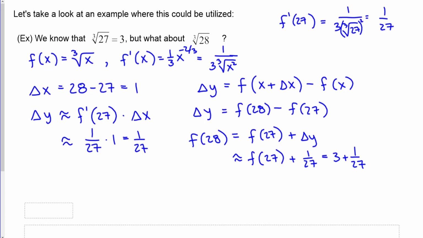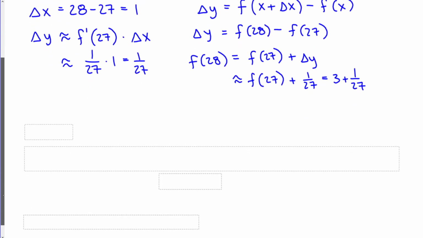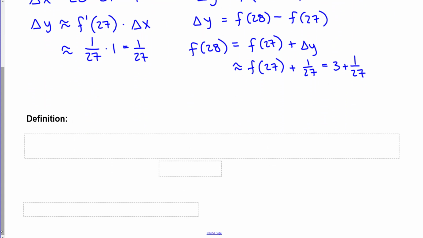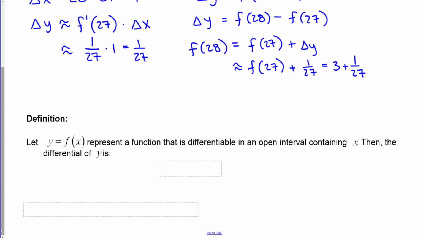Now, last thing I want to discuss is a definition of what's called a differential. So if y equals f of x is a function that's differentiable in an open interval containing x, then the differential of y is dy equals f prime of x dx. This tells us how changes in y occur with respect to changes in x, and those occur through the derivative.